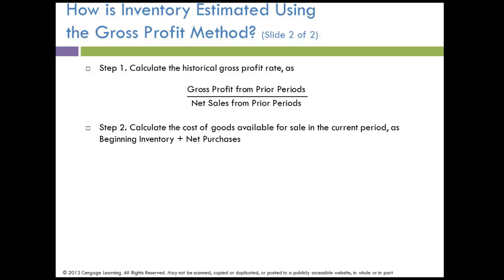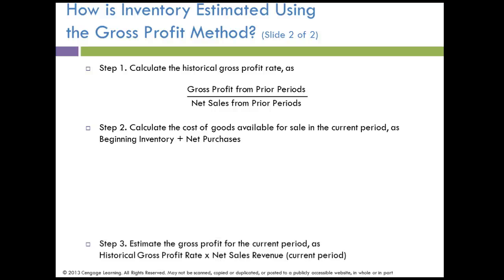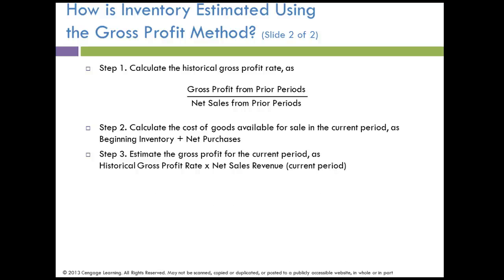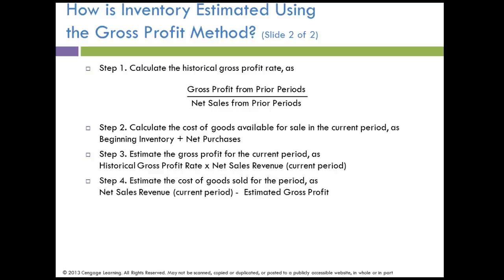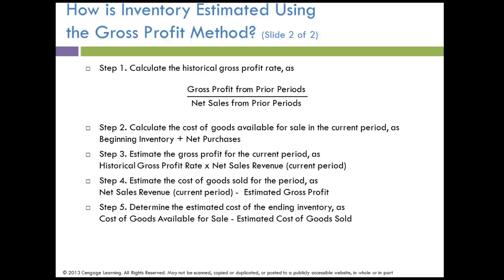We know that is beginning inventory plus all the purchases we've had. Then we're going to estimate the gross profit for the current period, by taking that historical gross profit rate we came up with times what we deem our net sales revenue in the current period. From that, we'll estimate the cost of goods sold as the sales revenue minus our estimated gross profit.